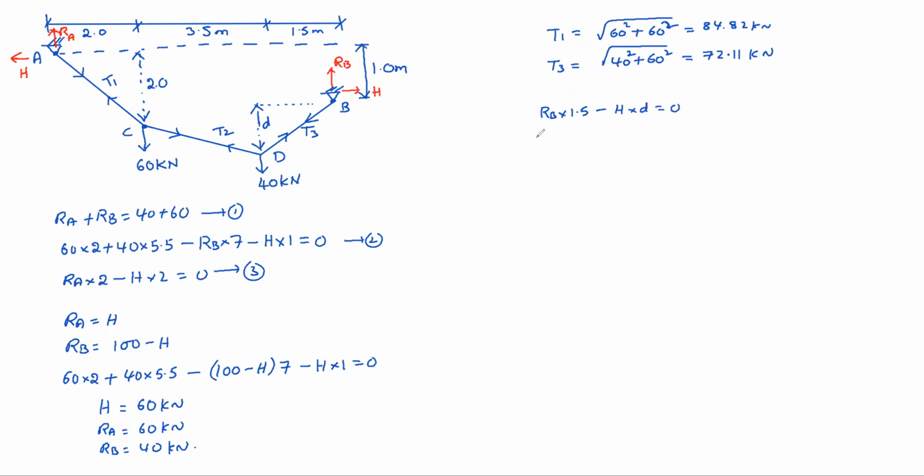RB we know, 40 into 1.5 minus H also we know, 60 into D equal to 0. So dip D equal to how much? 1 meter. Okay. We got that one.